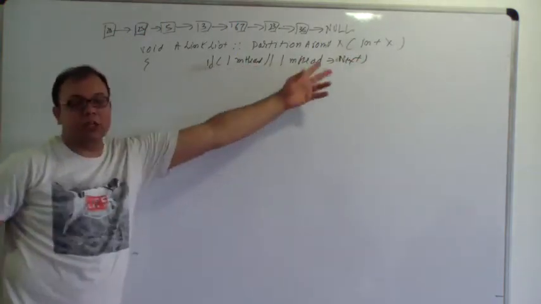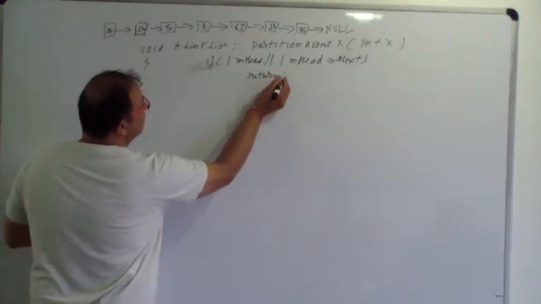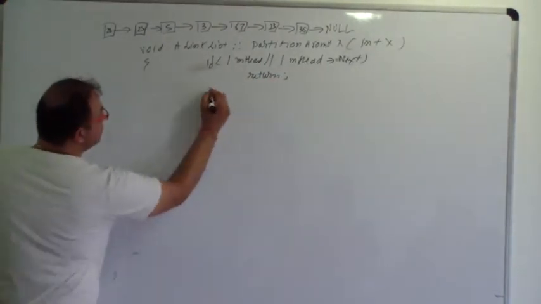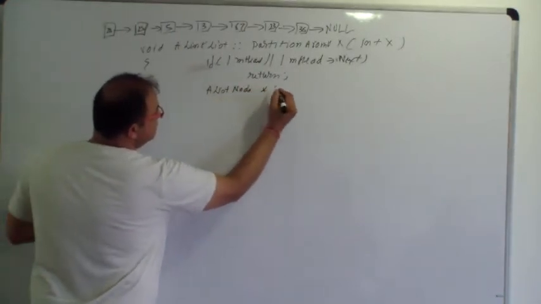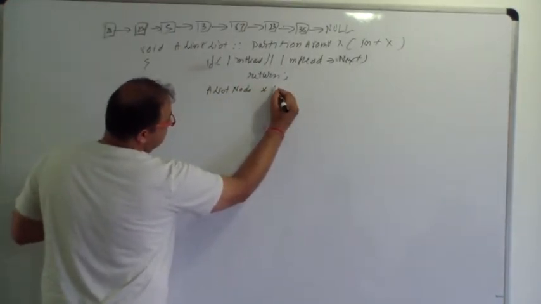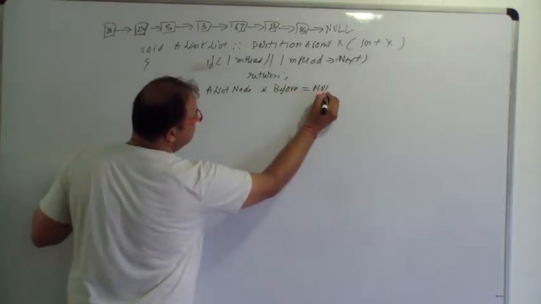If head does not exist and head arrow next does not exist, we just return. Otherwise, we create 2 buckets. So we'll say ListNode star before is equal to null.